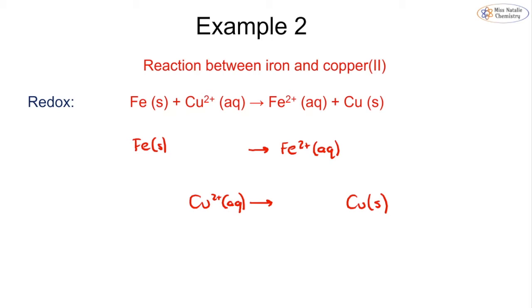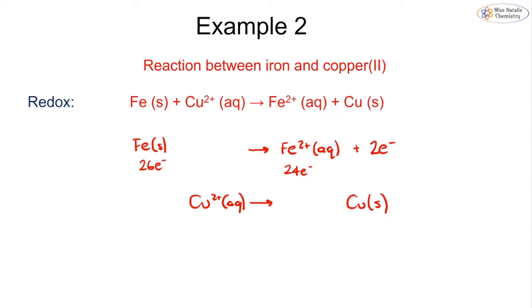If we have iron, it has an atomic number of 26, meaning when it is an atom, it has 26 electrons. When it becomes an ion, it becomes 2+, which means this must have 24 electrons. To balance that out, I need to add 2 electrons to the right-hand side. Now I have 24 plus 2 is 26, and that gives me 26 on the left-hand side as well.